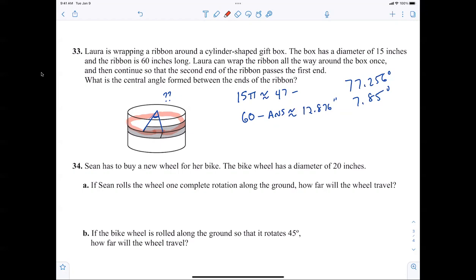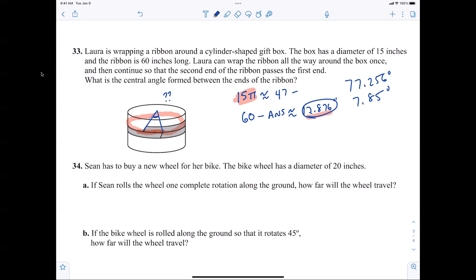No, that would be 15 pi, correct? Then we would just go a little bit further and we went 12.876 inches further, correct? So that 12.876 is the length of the what?